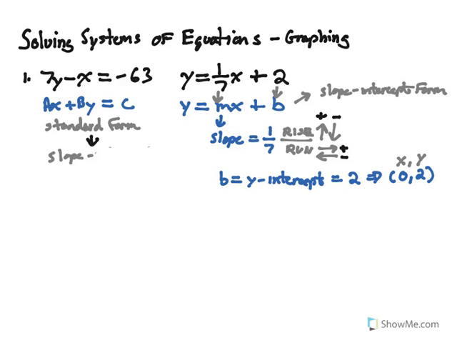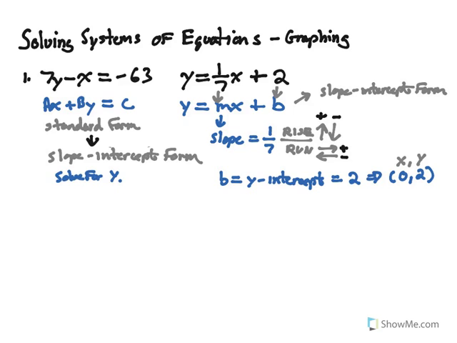okay, let me just rewrite that a little bit neater. My pen keeps slipping, here we go. In order to go from standard form to slope-intercept form, your goal is to solve for y.